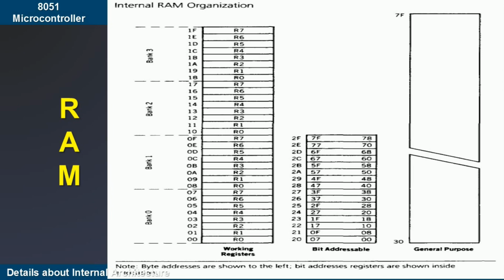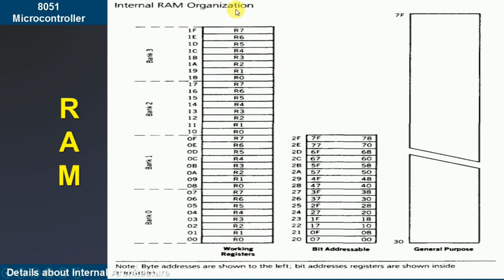For example, when I convert my temperature into analog form, 0 to 5 volt, it is converted into digital form by using the ADC. The output of the ADC is 8-bit data, and that 8-bit data represents the temperature which I have sensed through the thermocouple. Now I have to store that 8-bit data in a memory location. I can use this bank area. Check here.